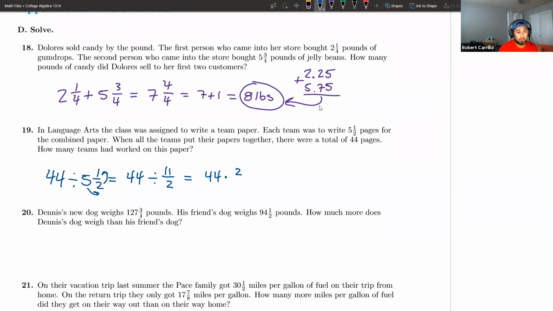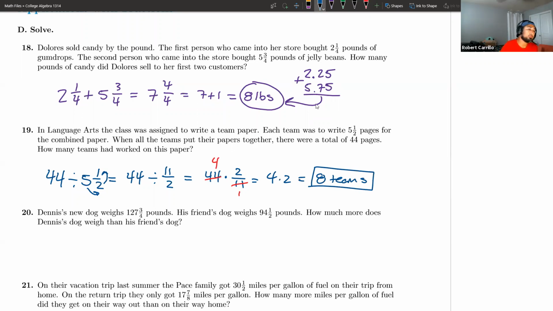Get 44 times 2 over 11. And you can cross cancel. You have 44 and 11, so I can take an 11 out. That'll be 4. If I take an 11 out of 11, that will be 1. And we end up with 4 times 2, which gives us 8 teams.